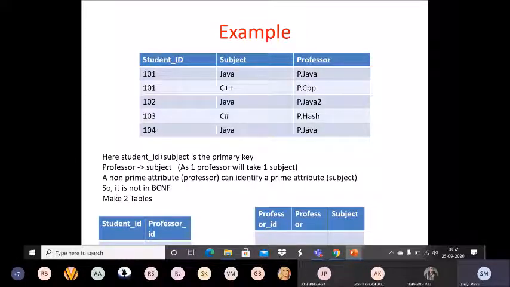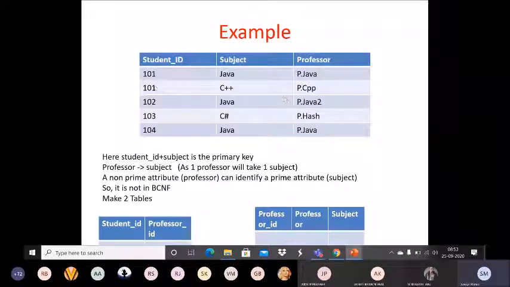So this example is tough. Why? Because here we have to divide this table, we have to incorporate one another thing: student ID and professor ID.